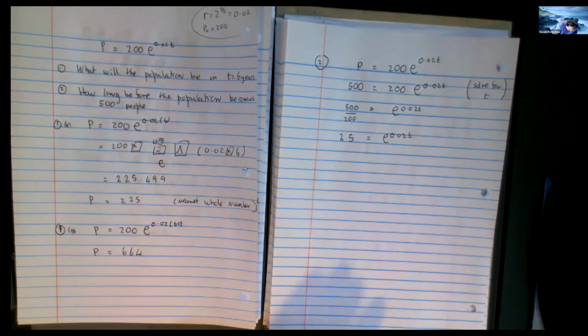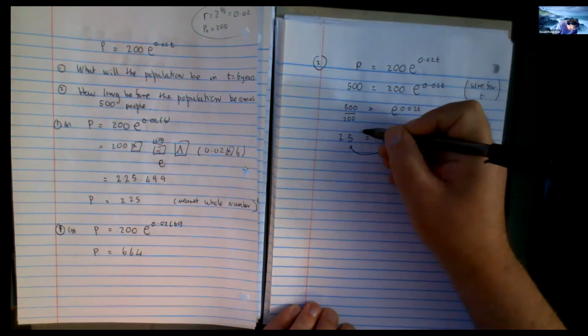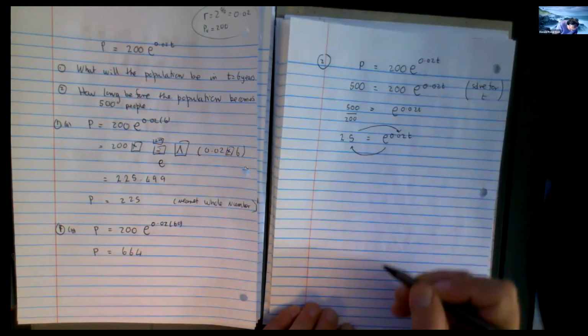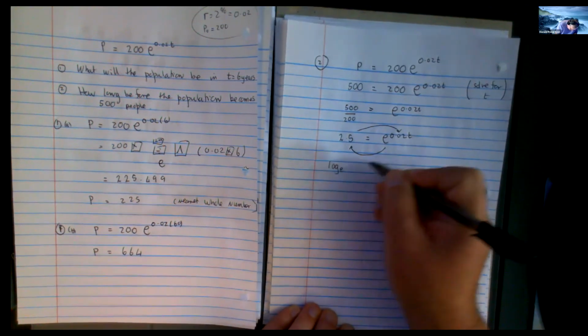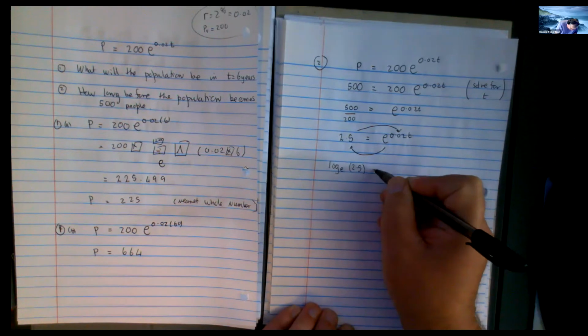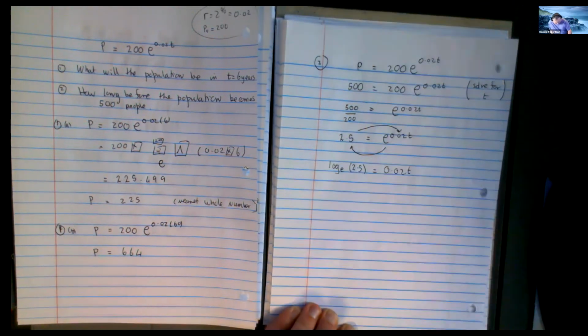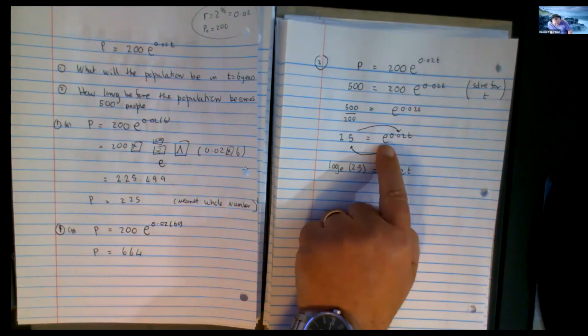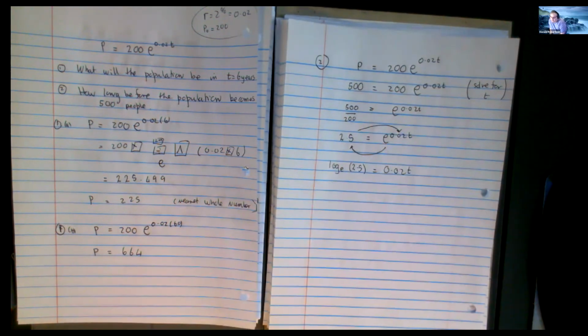So you start with the base, go there, and then you finish here. So what does that look like? Well, it looks like the log to the base e of 2.5 equals 0.02t. Right? The log to the base e of 2.5 equals a power. Are we okay with that guy?